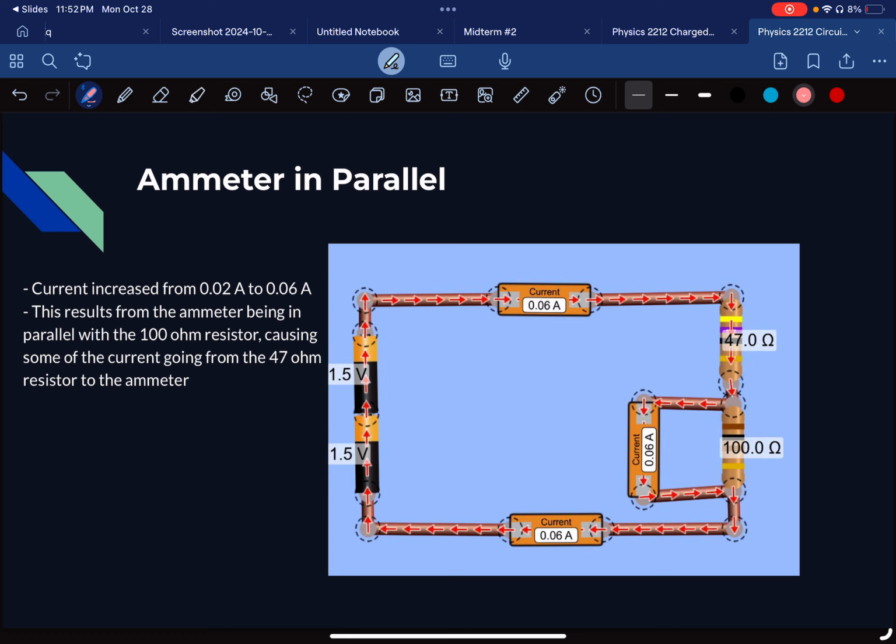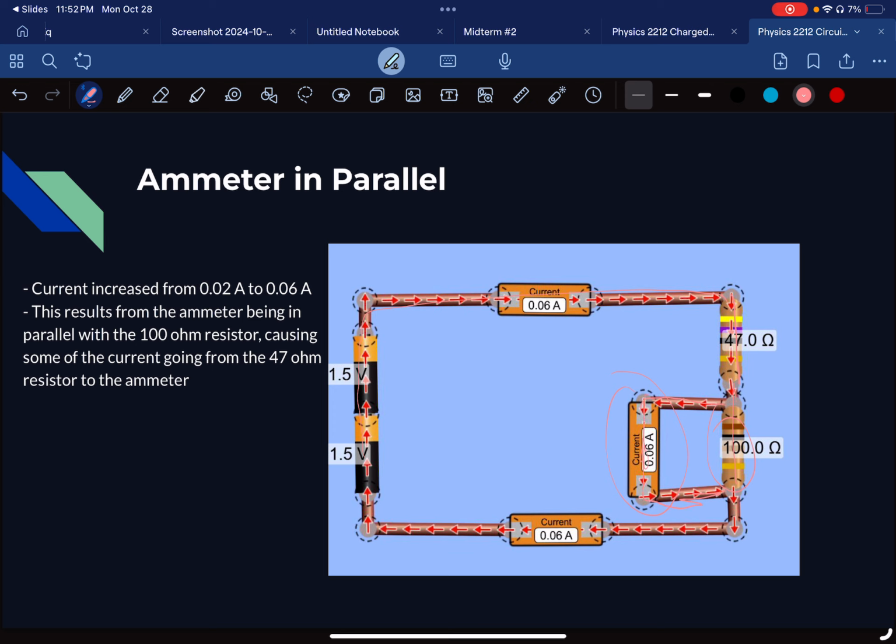And now we tested a different type of circuit, the ammeter in parallel. This increased our current from 0.02 amperes to 0.06 amperes. This results in our ammeter being in parallel with the second resistor. So as we trace the flow of current, some will go into the resistor and some will go out of the resistor.